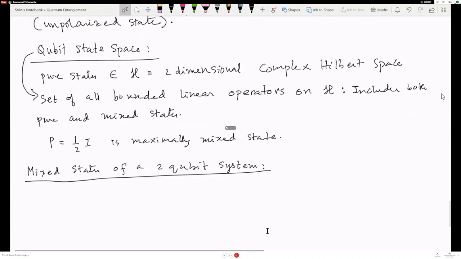I think we concluded last time that suppose you have psi AB, a pure state.